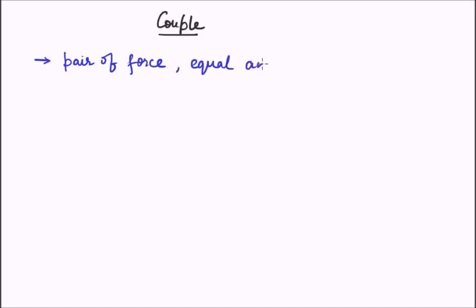Let us begin today's discussion with the definition of couple. Couple is defined as a pair of forces which are equal in magnitude and opposite in direction, and they are not applied along the same line of action of force.